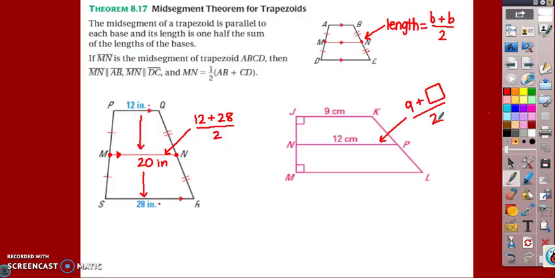Or, another way to think of it, if this is 3 longer, then that other base should be 3 longer. That makes me think 15 should work. What if I put a 15 here? 9 plus 15 is 24, divided by 2 is 12. And so we got that answer. Whatever works, however is easiest for you to figure out.